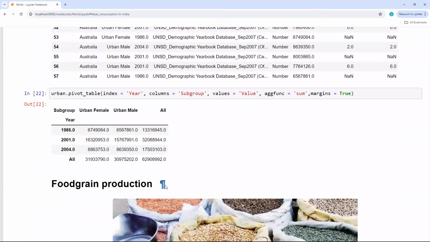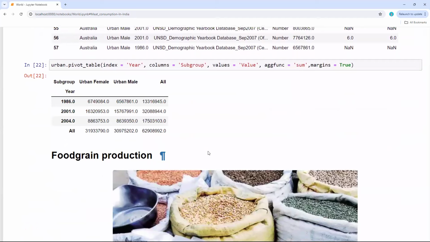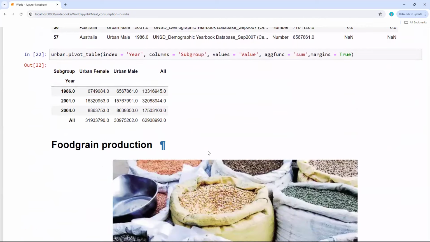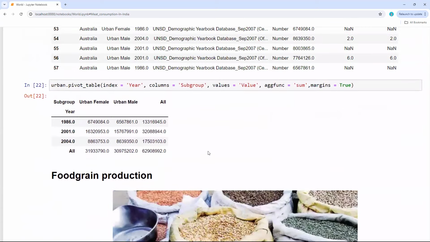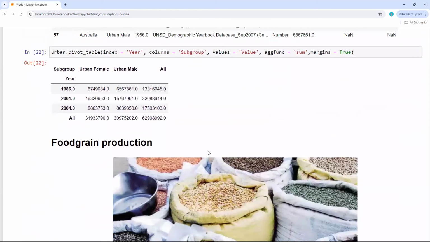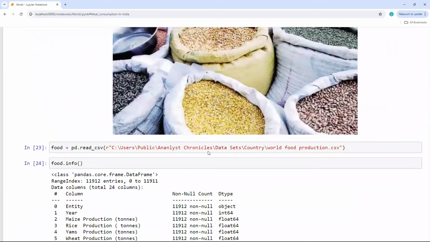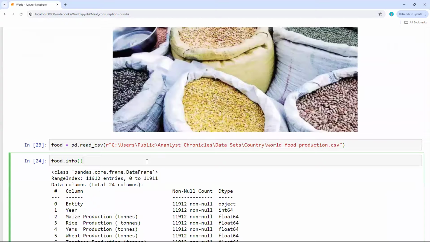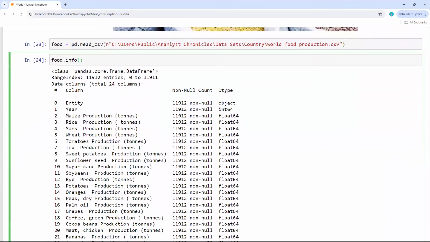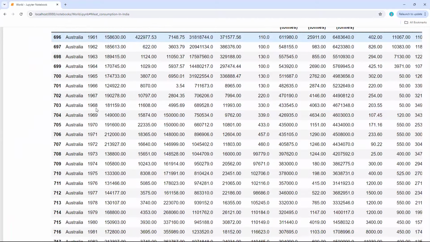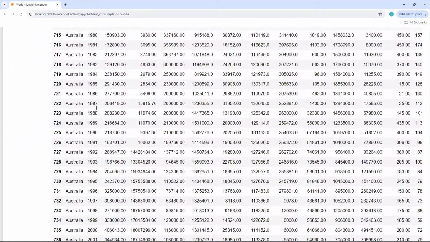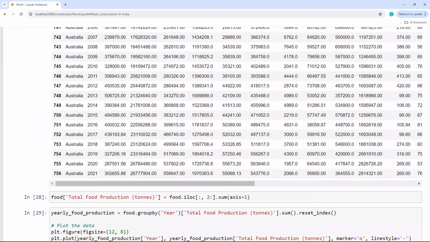Let's have a look at the food production or crop production in Australia. They have a very large area to produce food grains or any kind of food related crops. So let's have a look at the food grain production in Australia. So this is my data set. And if I want to look at the data for Australia, so this is for Australia, and let's look at the latest data for 2021.